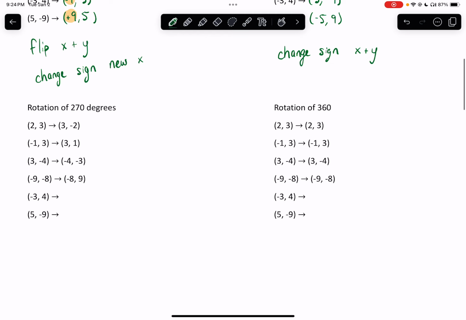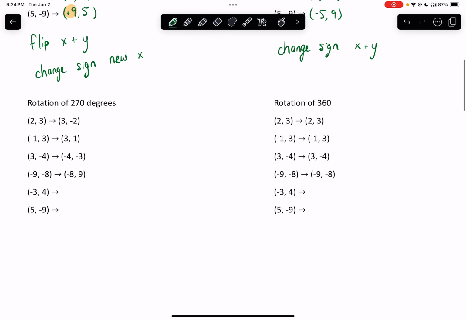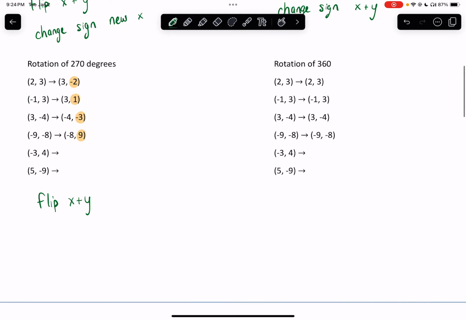Then the last two that we have down here, 270. Again, we've got a similar thing happening where our x and our y's are trading places. So I'm flipping my x and my y. And then what we'll notice is the one that's changing signs ends up being our new y coordinate each time. So we're going to change the sign of our new y.